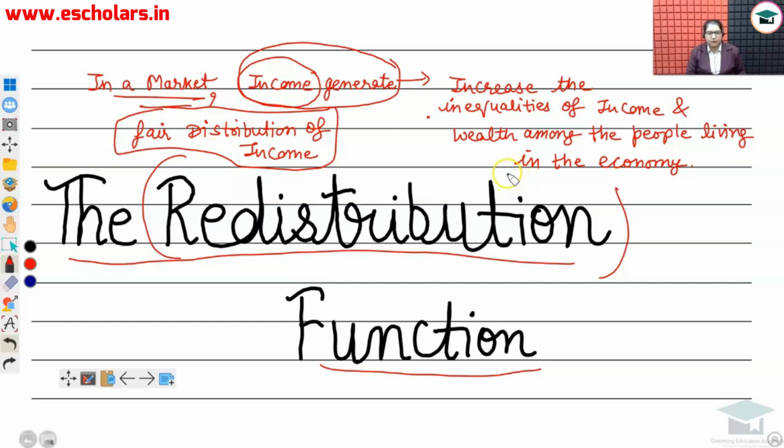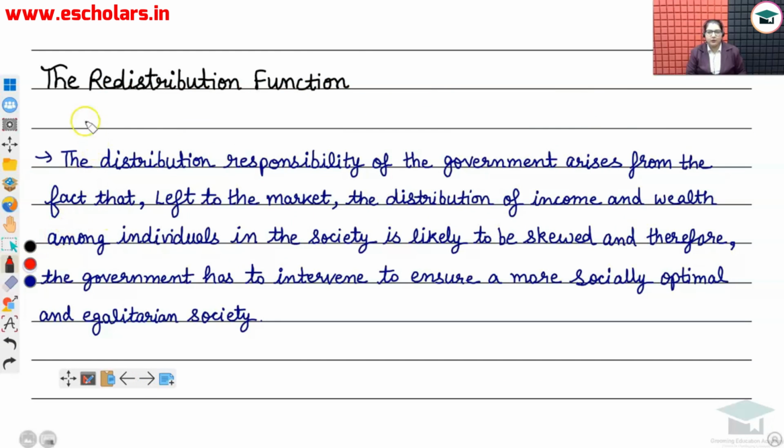Fair distribution of income refers to distributing the income in such a way that it reduces the inequalities of income and wealth among the people living in the economy. Right? And it will lead to growth with equity in the economy if the distribution of income is fair, and the economy will prosper. So let's have a look in depth at the redistribution function.